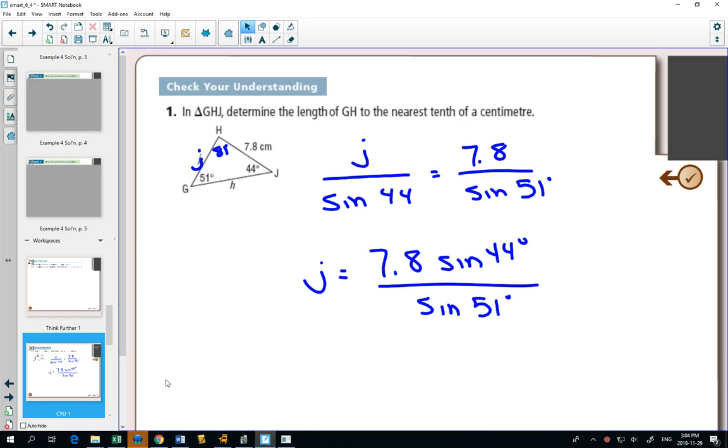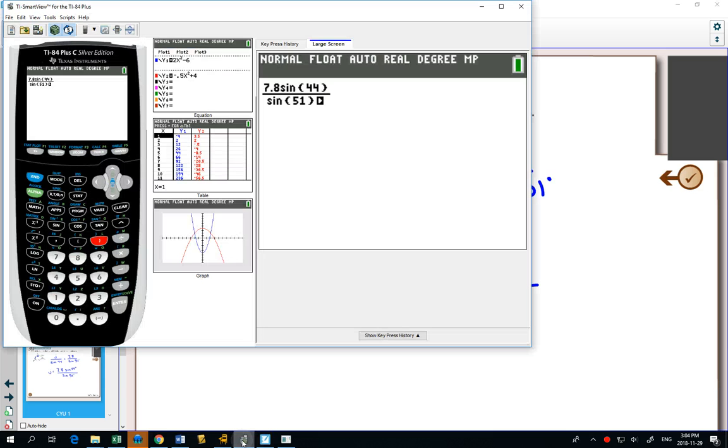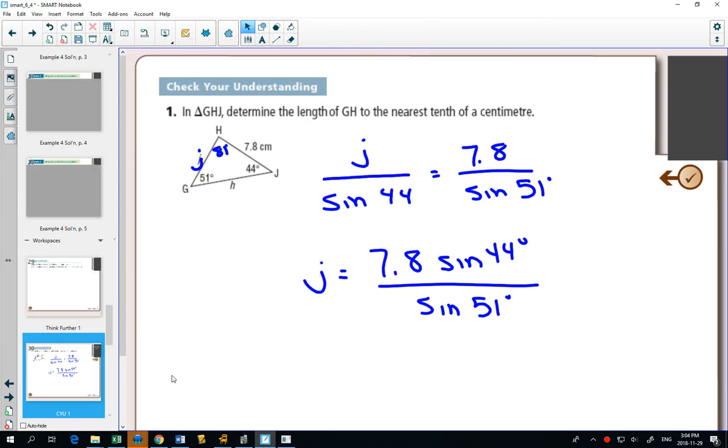Is that right? Push enter, and you're done. J equals 6.97. See, there are people that are liking this already. Since everything was in centimeters, it says to the nearest tenth of a centimeter, so that would round to 7.0 centimeters.